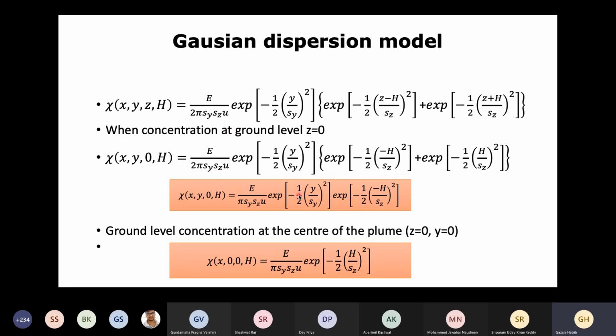The 2 is cancelled out because you will have 2 into exponent of minus 1 by 2 h by sz square. So 2 will be cancelled out, and the y term will remain as it is. Ground level concentration at the center of the plume, that means when z is 0 as well as y is 0, then the simple formula would be this one.